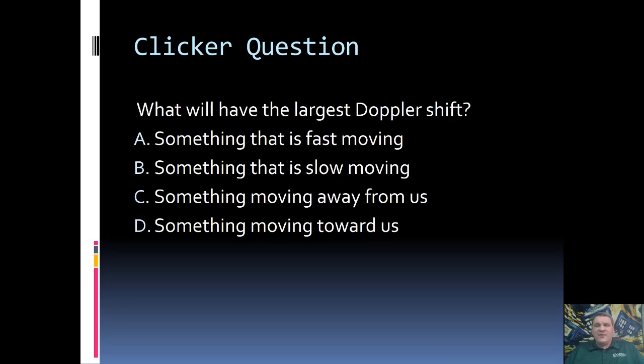If it's going slowly, you don't really hear that shift because there's a very small Doppler shift. So the faster the object, the greater the Doppler shift. If it's coming towards us, we'll get a blue shift. If it's going away, we'll get a red shift. But how much it gets shifted is all about the speed. The faster it is, the greater the shift. So the correct answer is A.